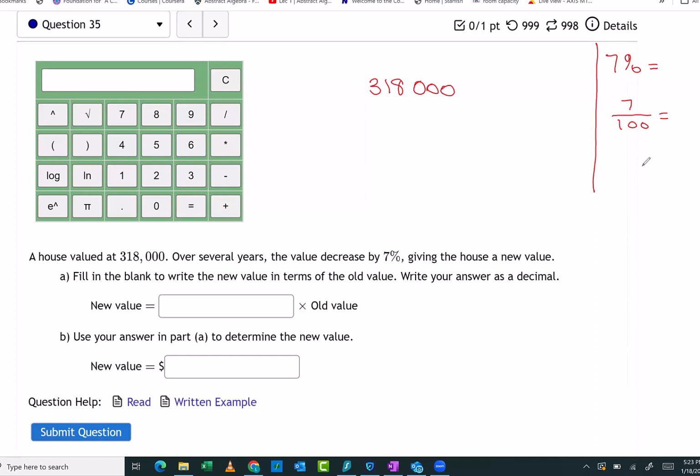For example, I have 7. There's always a decimal at the end. I want to make this smaller because I'm dividing by 100. This means I'm dividing by 10. This means I'm dividing by 100, which means I put a 0 in there, and I can say 7 divided by 100 is the same as 0.07.